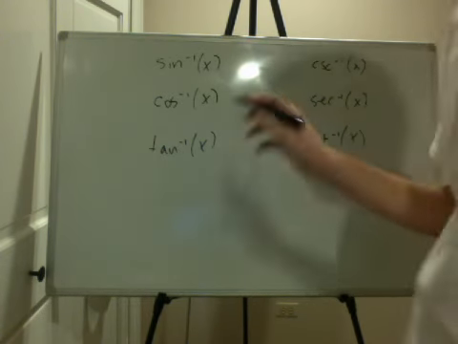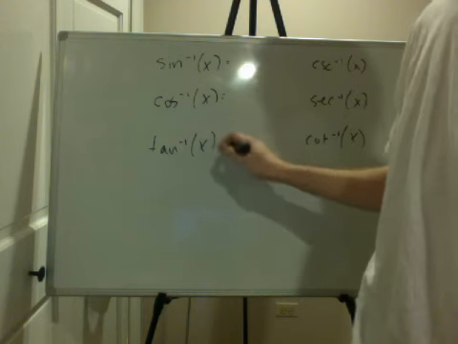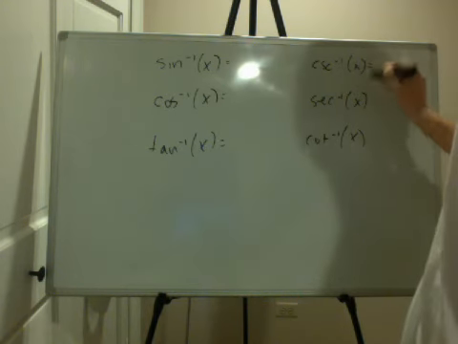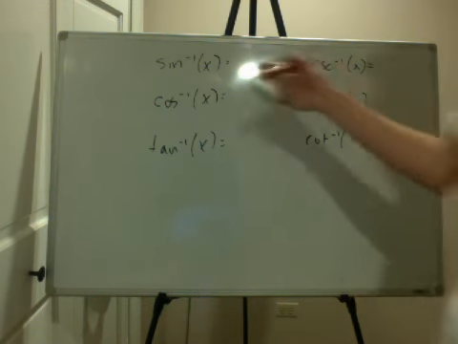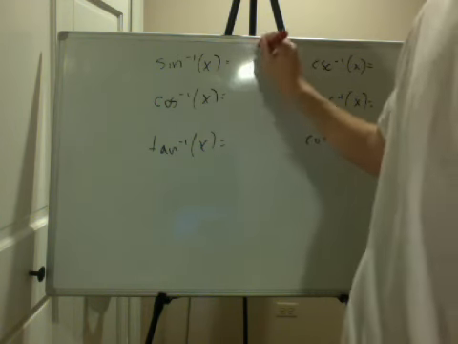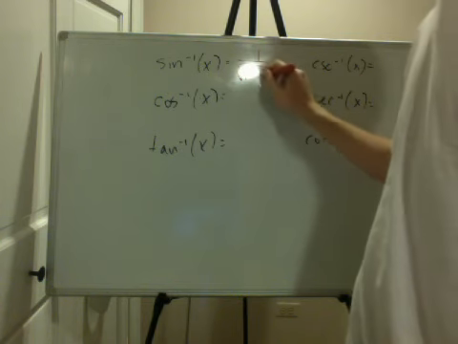Okay, I'm going to do these in a different color so you can see them a little better. As we just proved, the derivative of inverse sine is 1 over the square root of 1 minus x squared.